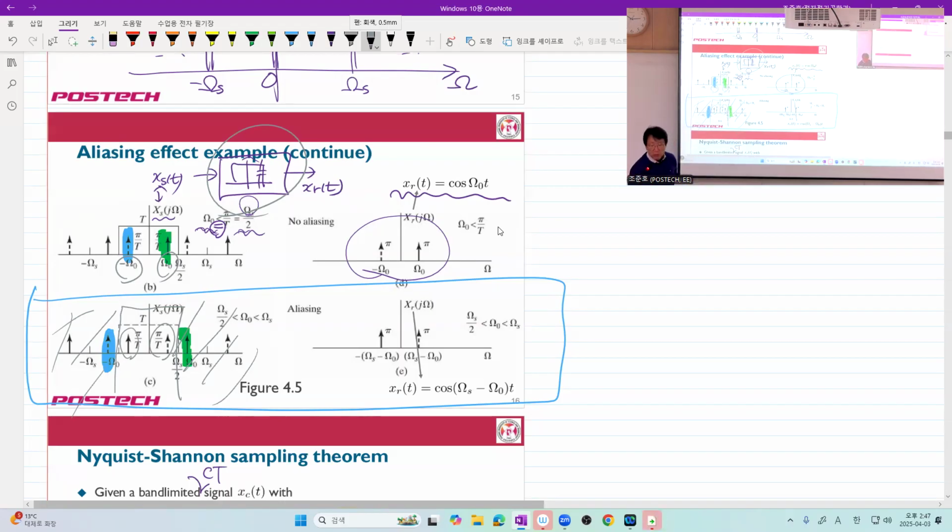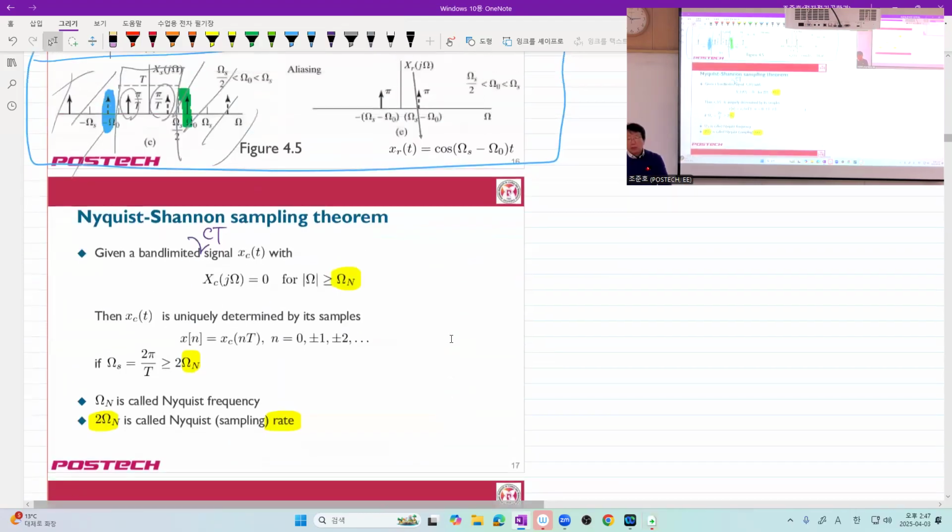Originally, there was none. By the way, let me repeat. This figure is very, very misleading because, as you see, this one is located at negative omega 0. So if I were the authors, I would not have drawn it this way, but anyway. So aliasing in the frequency domain introduces some frequency component that originally was not there.